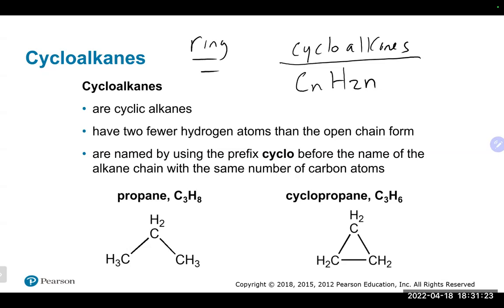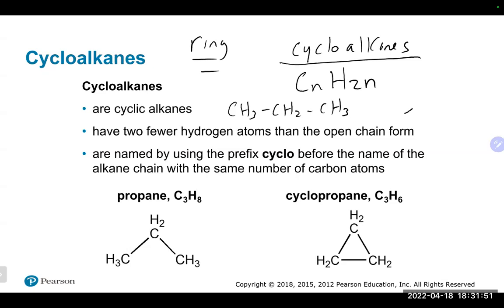The reason there is no +2 is when you close the ends of the chain together to make that bond, as we talked about earlier, every time you make a bond, you lose how many hydrogens? 2, and that's where the 2 went. No 2 on this one. So if we look here at propane, which is CH3, CH2, CH3, that has 8 hydrogens.